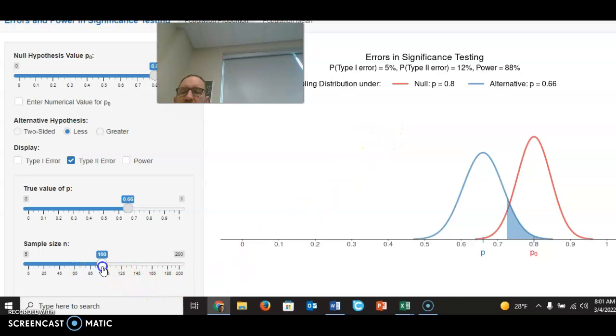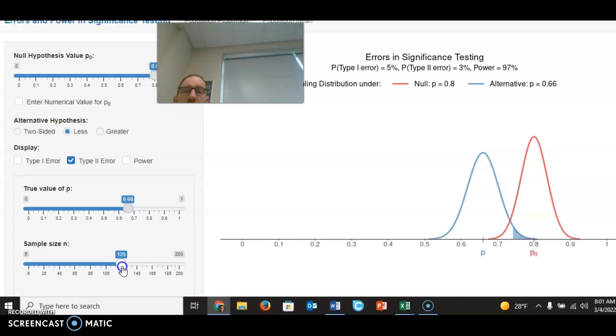If we increase the sample size further, say we go to 125, now the power is 97%. So this is saying 97% of the time, when the alternative hypothesis is true, we will reject the null hypothesis.